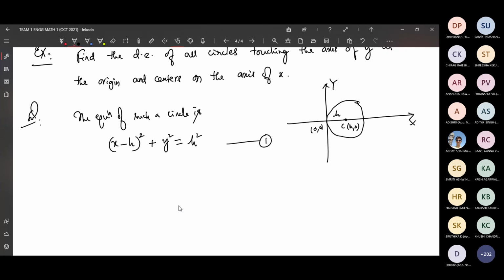The radius is h, and touching the y-axis at the origin. And this has only one constant. So if you expand and simplify this, x square plus y square minus 2hx is 0, where h is the only arbitrary constant.